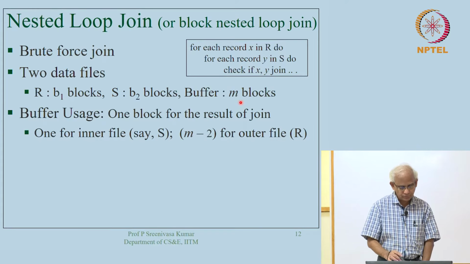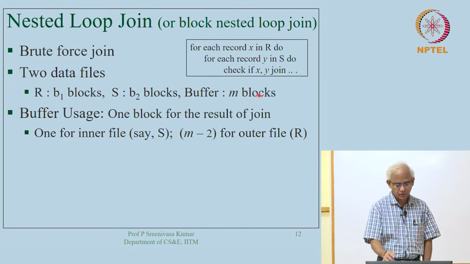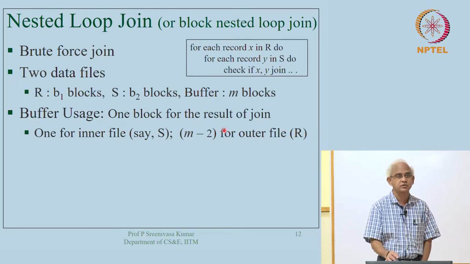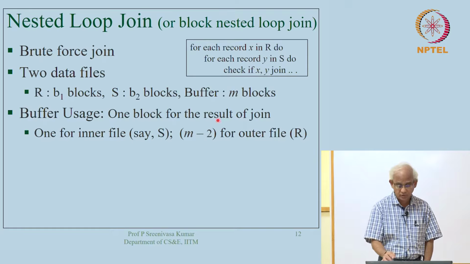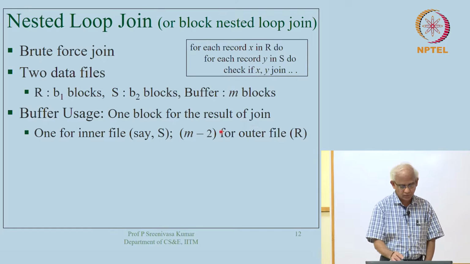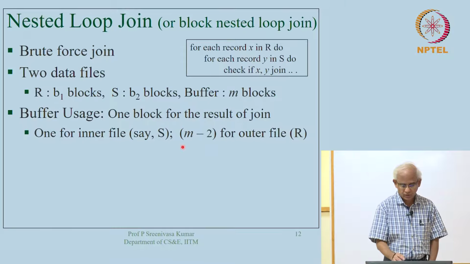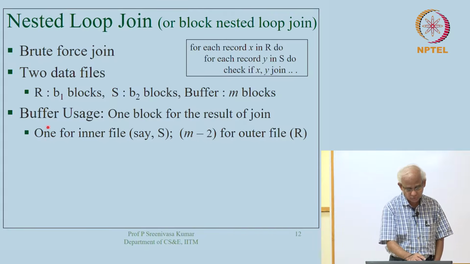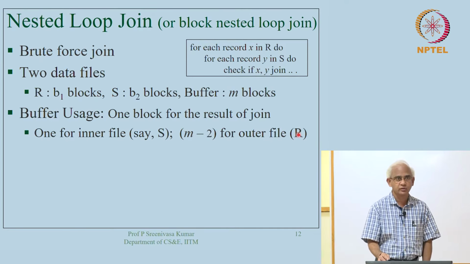As far as the buffer usage is concerned, we have M blocks. We will reserve about one block for storing the result of the join, and for the inner file, which is S, we will use one block, and M minus 2 blocks for the outer file.